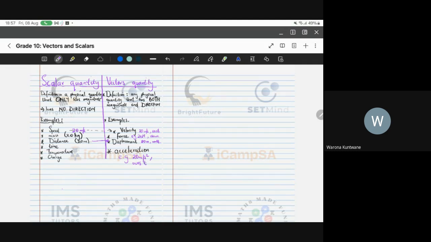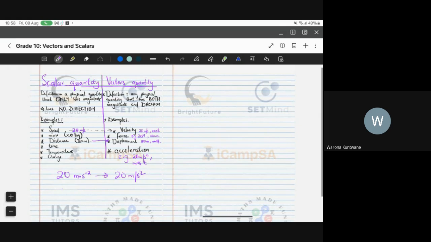Also remember, guys, I know some of you write it like this. I think actually most of you. It's the same as 20. It's the same thing. Don't be confused, okay? And then, that is how you define a vector and a scalar quantity. A scalar simply has magnitude only, but has no direction, while a vector has both magnitude and direction.